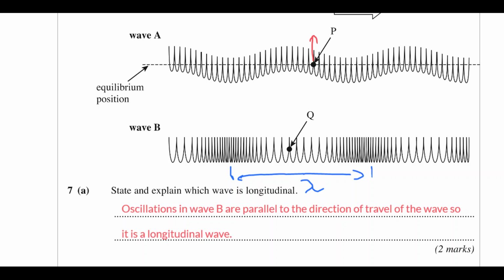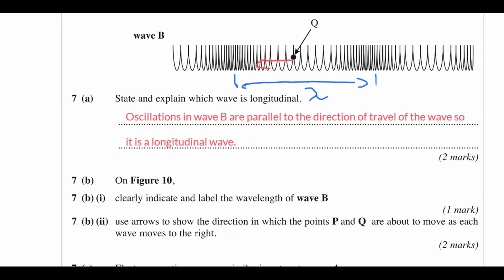If we look at Q, this part is going to unstretch, and this part is going to be compressing. So Q is going to end up being pulled to the left, because this part now becomes the region of maximum compression. You can see Q is going to get pulled into that region. That's how I think about it. Tricky question, that one.